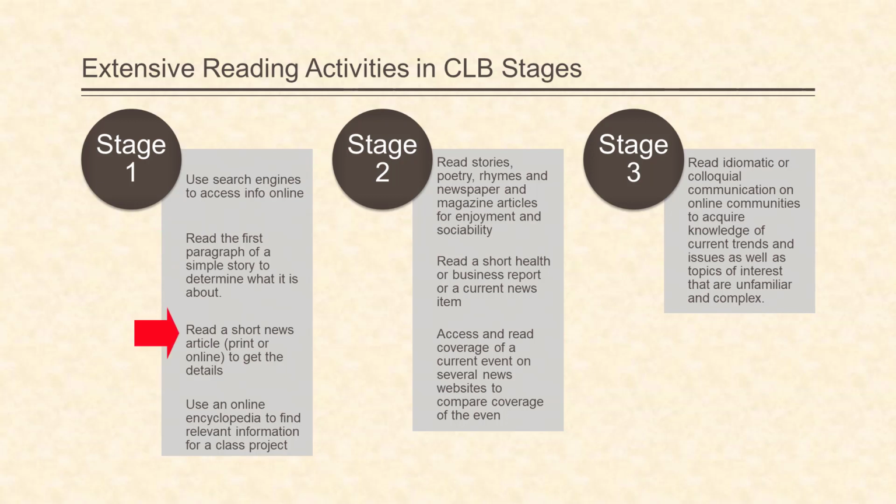In the CLB 4, we had 2 sample tasks. Read a short news article, print or online to get details, and use an online encyclopedia to find relevant information for a class project. In the Stage 2 section, under Functional Knowledge, I found read stories, poetry, rhymes, and newspaper and magazine articles for enjoyment and sociability.